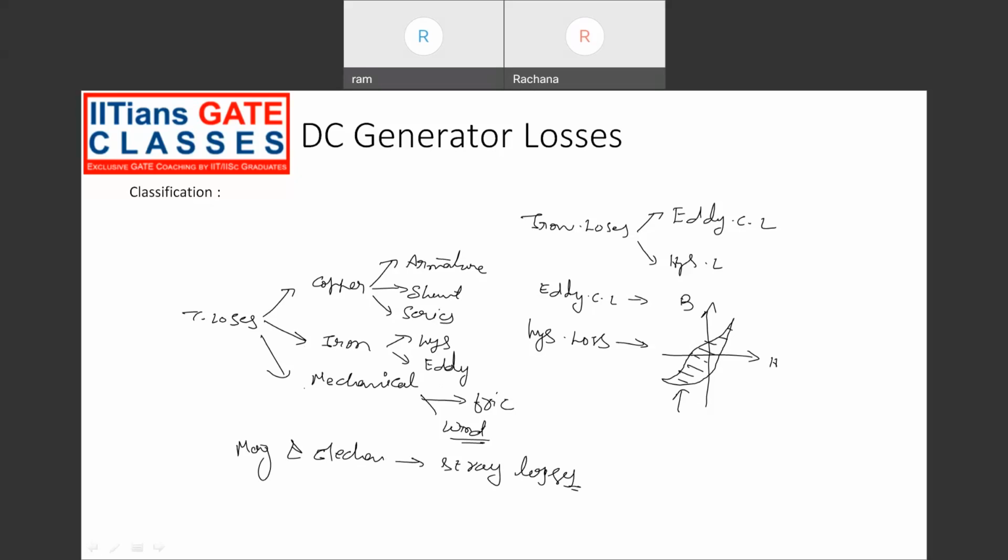Whereas the copper losses are called variable losses because they depend on the load current. As the load current varies, the current flowing through the field winding and the armature winding varies, and thereby the loss varies. Now are you clear with the classification? Let me know if you have any doubt.